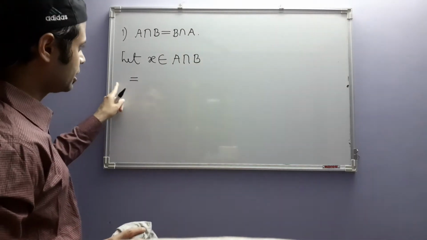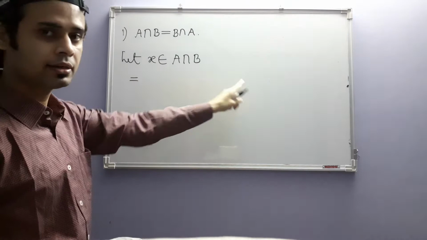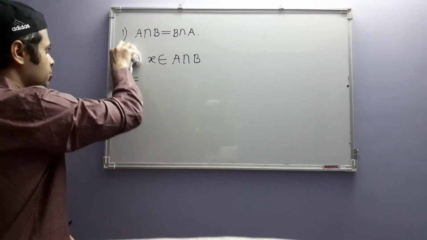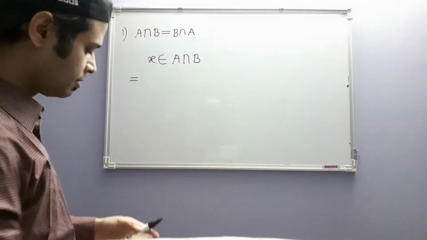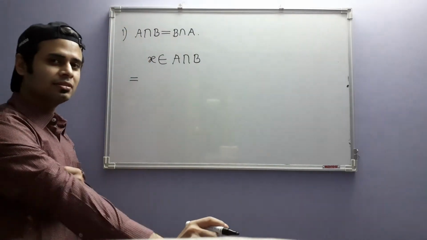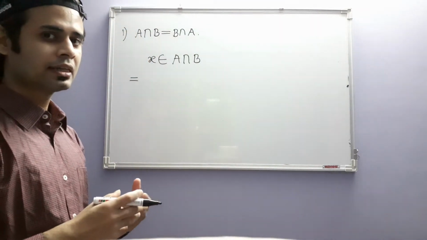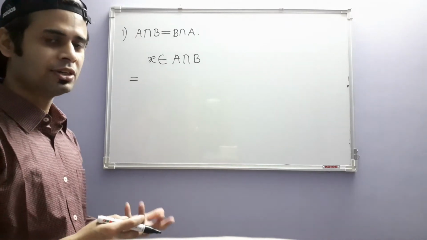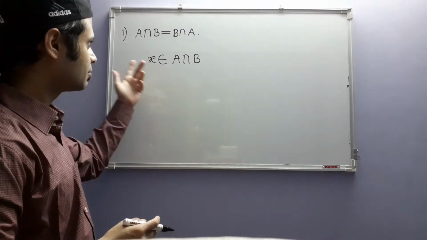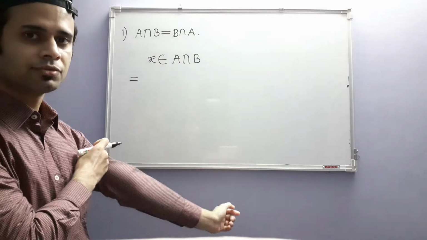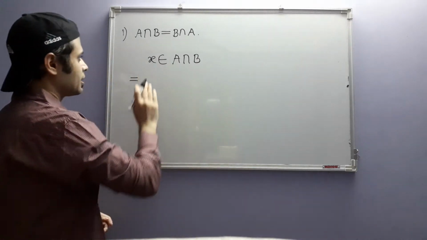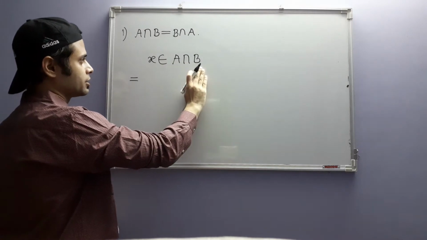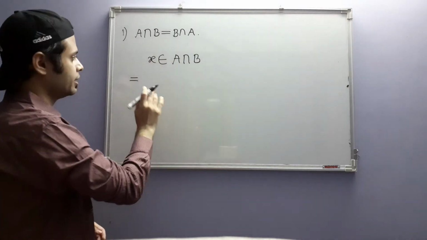And then you have to write "then x belongs to A and x belongs to B." Otherwise, you don't write "let". In mathematics, we use the words let, assume, define so often that it becomes a bad habit of starting everything with them. So you just start like this: x belongs to A intersection B. You don't have to write anything else.